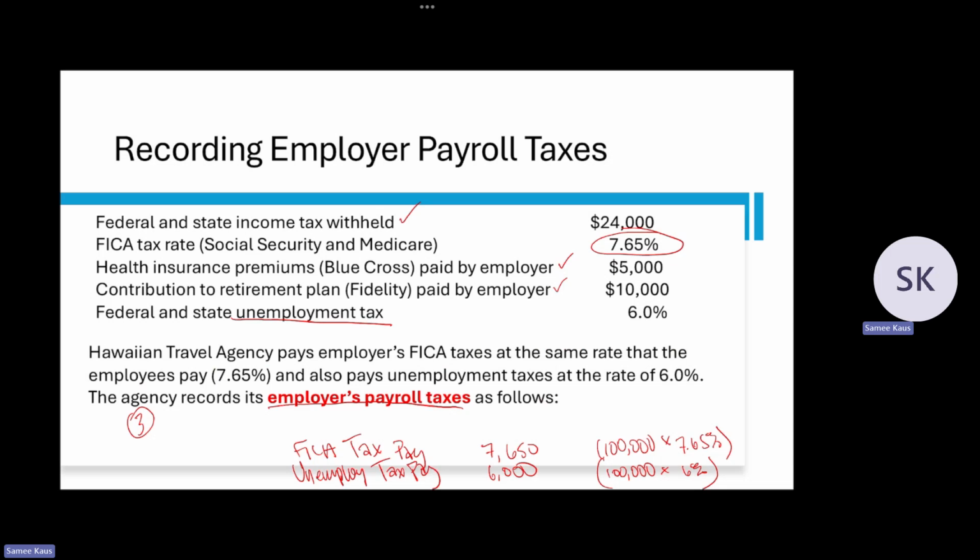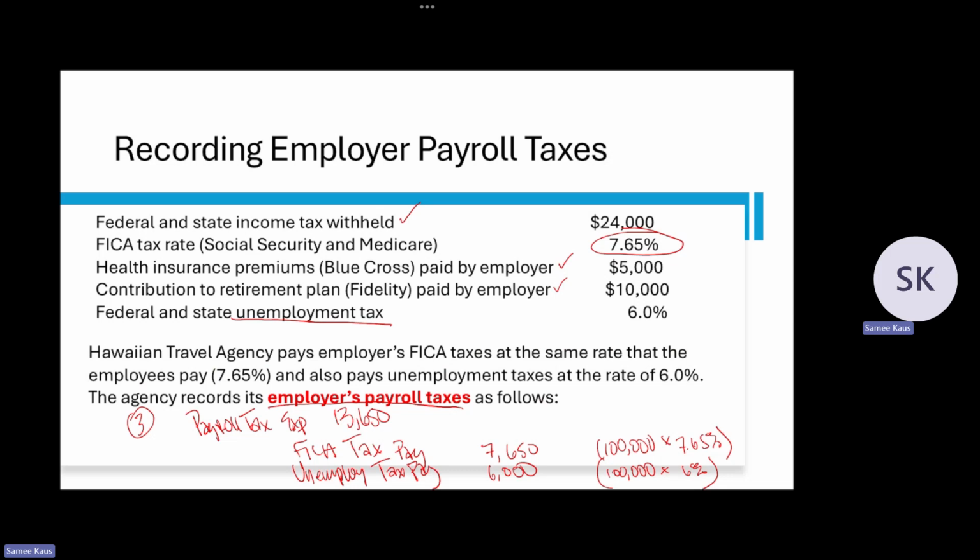Now, instead of calling it salaries expense, I'm going to be a little bit more specific here and say I have payroll tax expense. The reason I do that is just to give a little bit of clarity as to what these different expenses are for. So I have $13,650 related to payroll taxes, okay? In addition to the salaries that I'm paying you, and the benefits that I'm giving you, now I have additional taxes as an employer, okay?